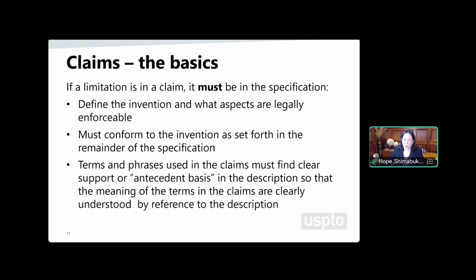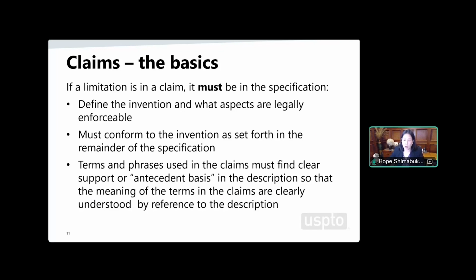All right. Now I'm going to dive into claim fundamentals and examples. I'm going to dive into the crux of our application, which is the claim. The claim is actually the most important part of your application. The claim is really a legal description of your invention.